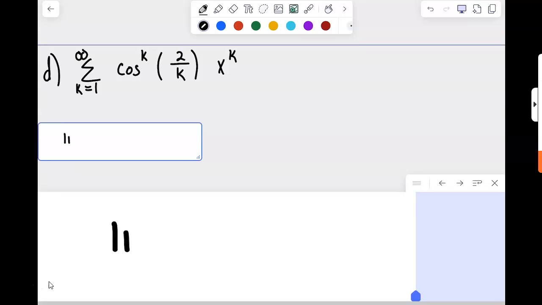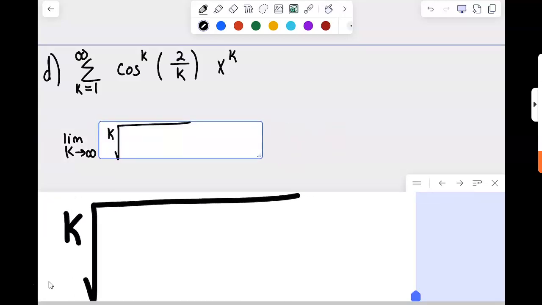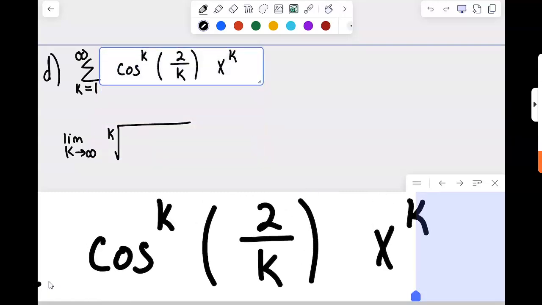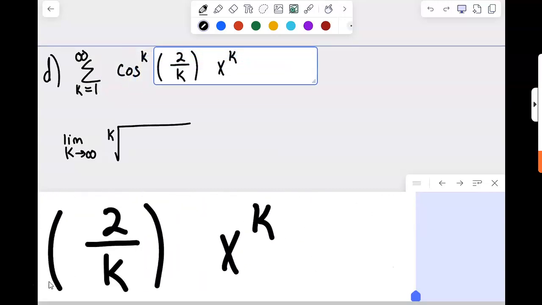So, limit as k goes to infinity of the kth root of this stuff. Now, that's going to be absolute value. Cosine can be negative, but as k gets relatively big, 2 over k is going to be very close to 0.